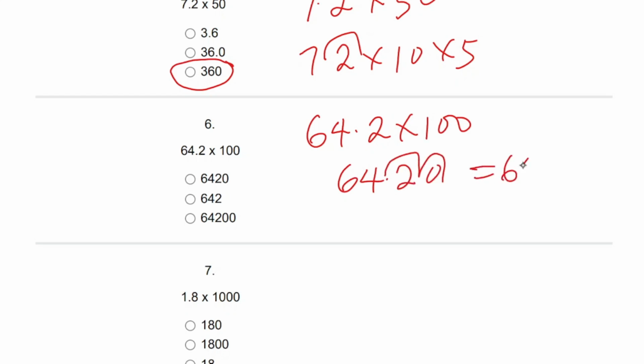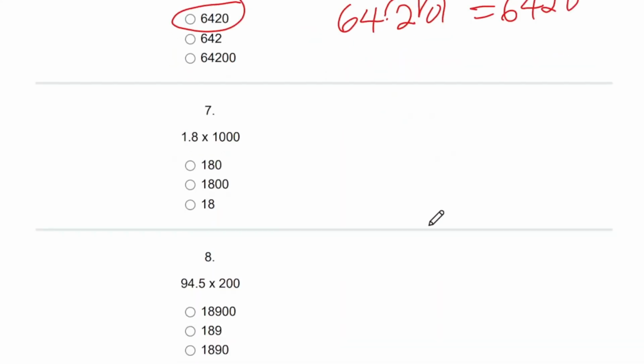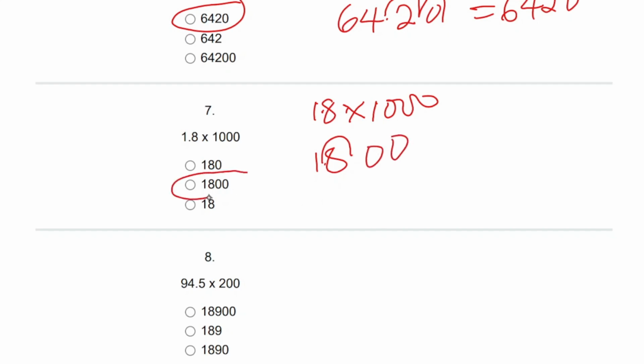That will be 6,420, which is this. And number 7 now. So 1.8 times 1000. When you move the decimal, it remains to add two zeros. So that is 1800. You can see how fast it's going to be if you master this trick.